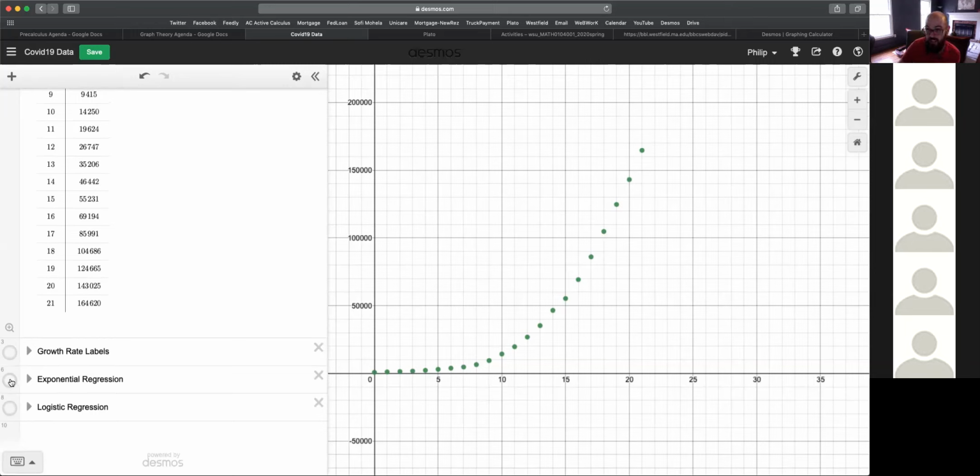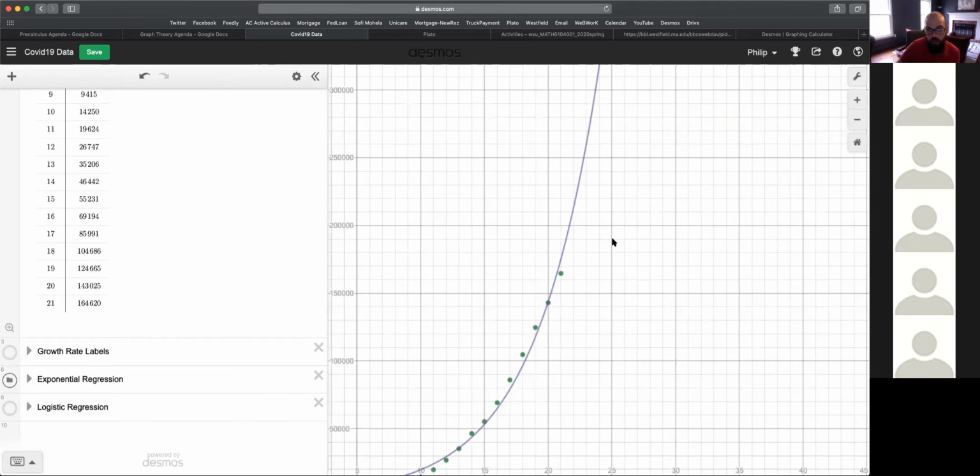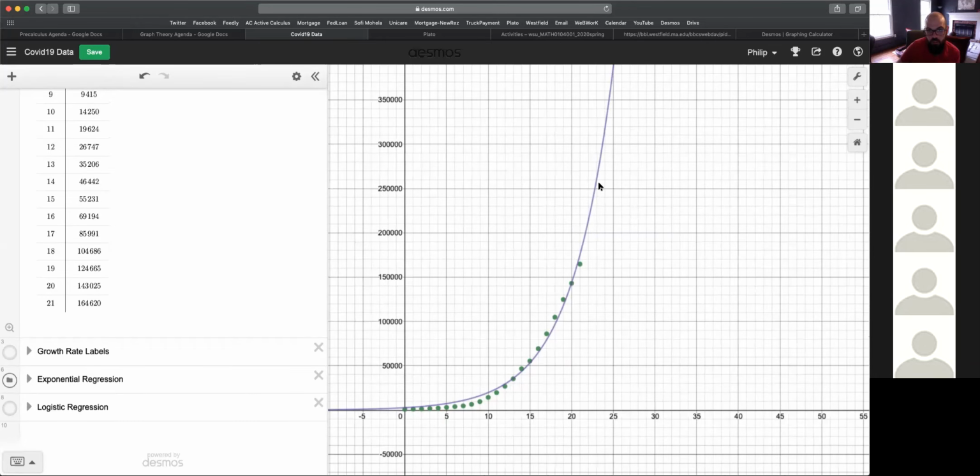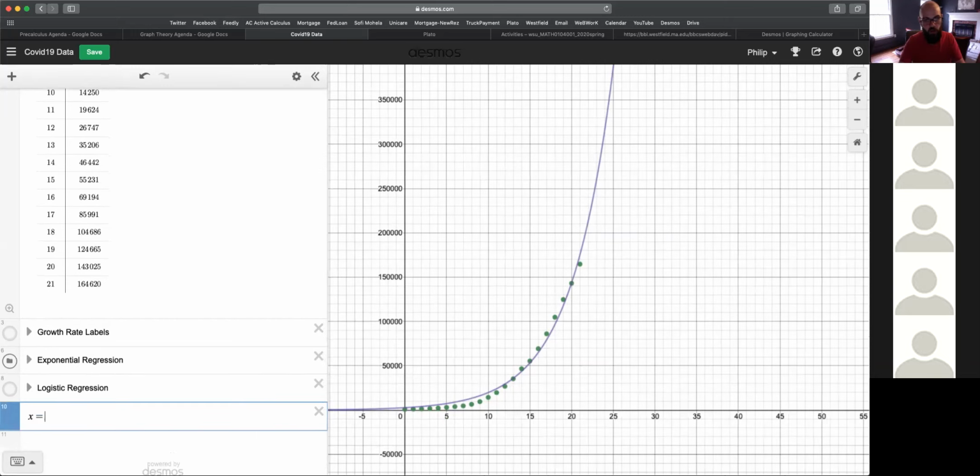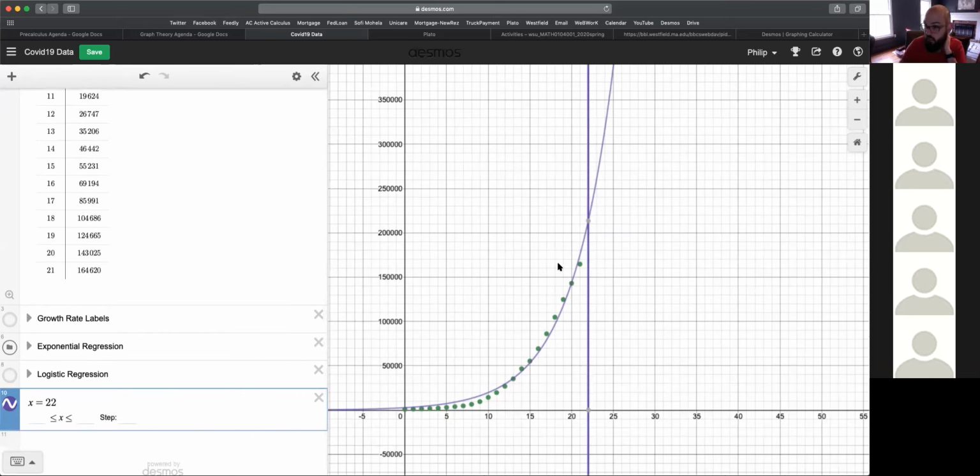We're almost out of time here, but if you've taken the statistics class, there's a thing called exponential regression. We could look at this model as an exponential function that fits this data reasonably well, and make a prediction: how many cases do we expect to see tomorrow?